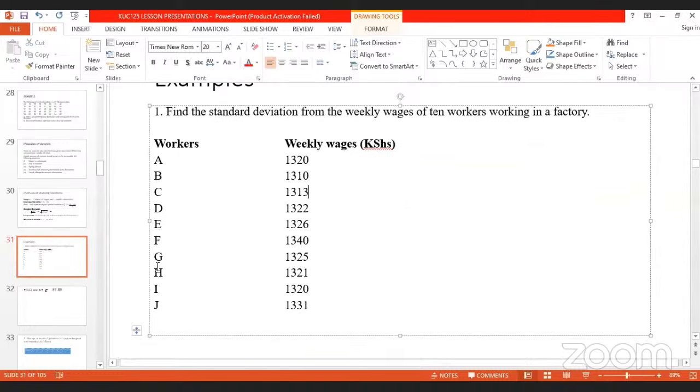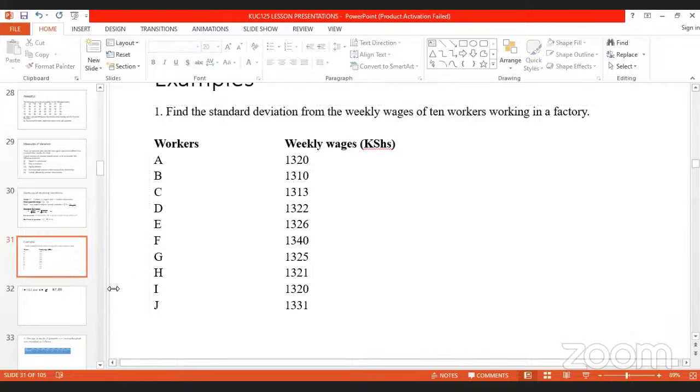We are just now working examples. This is a group set of data. Find the standard deviation from the weekly wages of 10 workers working in a factory as given.